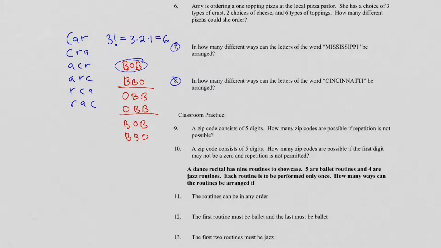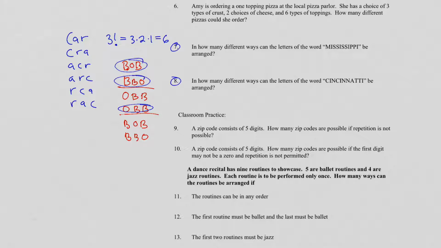So if you look, guys, we only have Bob, BBO and OBB. That's it, 3. Because this other one's the same as that. That's a duplicate. This one is the same as that one. And that one's the same as that one. So what this is trying to tell you is that if you have repeating letters, those are duplicates.